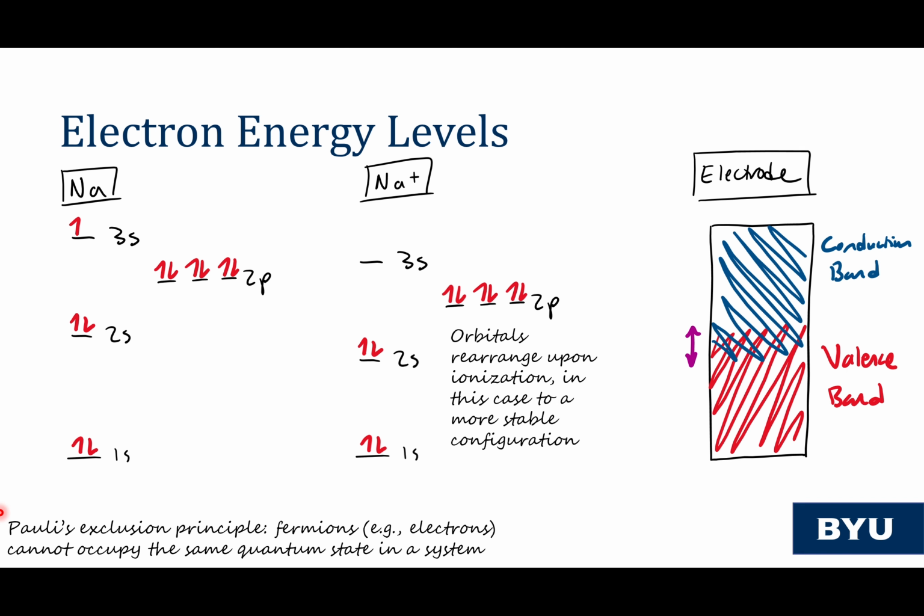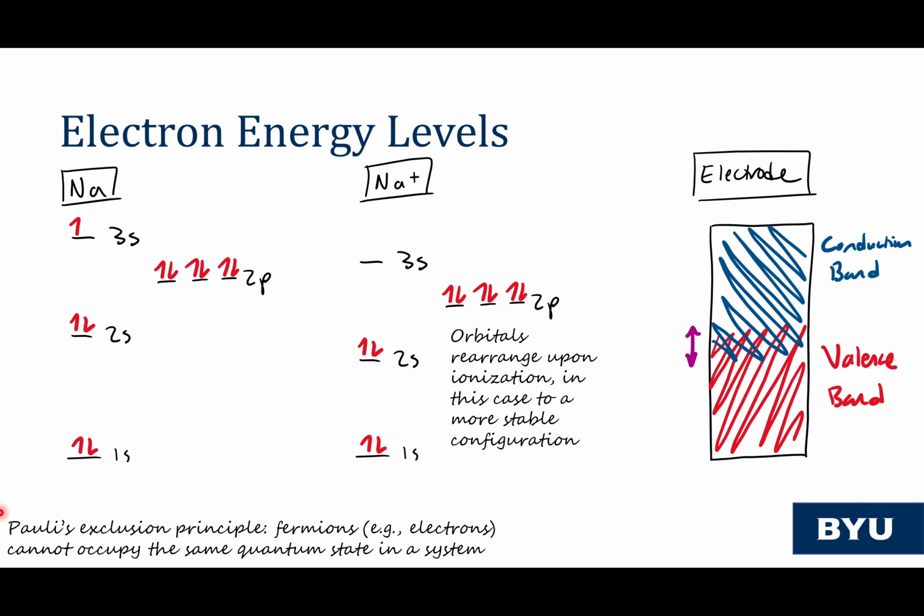As that electron leaves, there's a reorganization of energy because the electrons in these orbitals do affect each other. So what happens when we go from 1 sodium atom into, say, a bulk metal, like what we might see in our electrode? Well, in this case, the upper energy levels, the valence energy levels, merge together between all of these atoms.